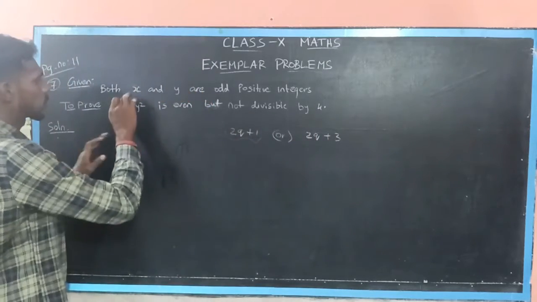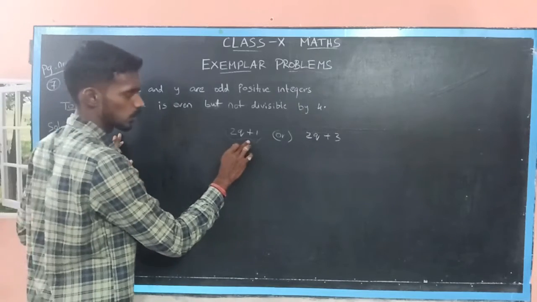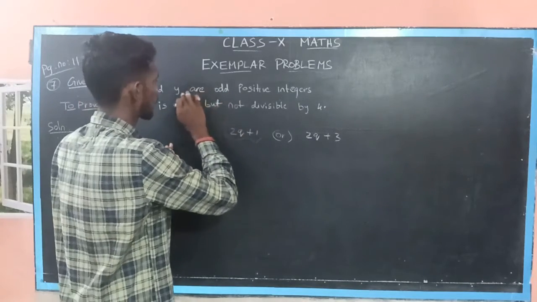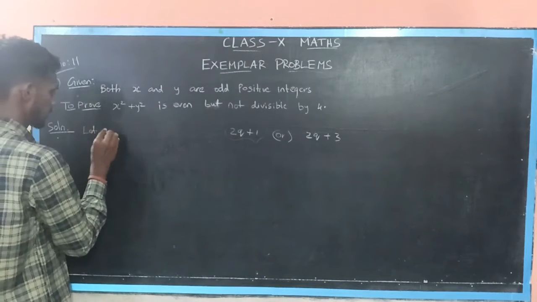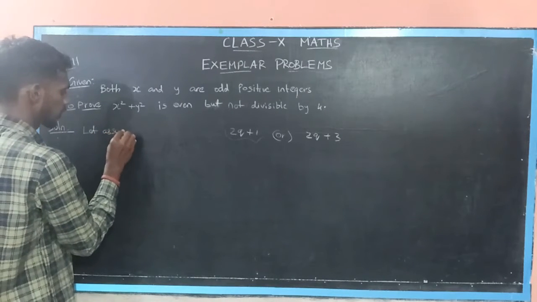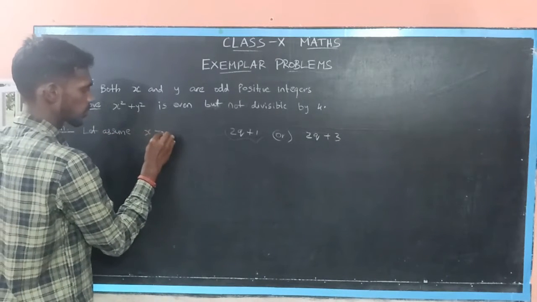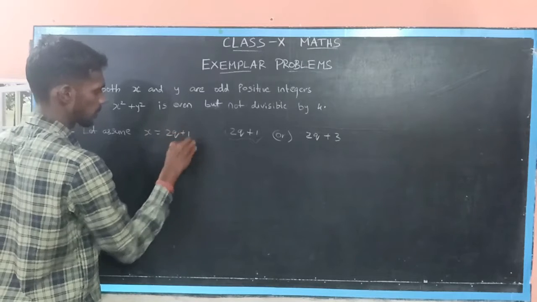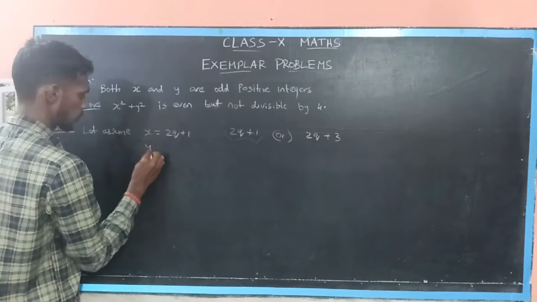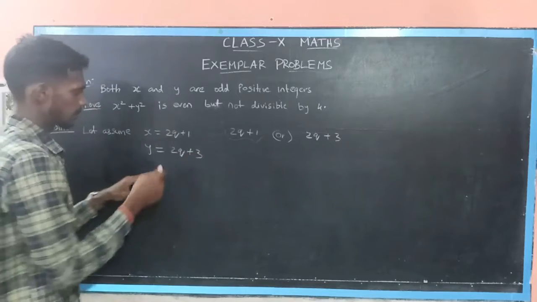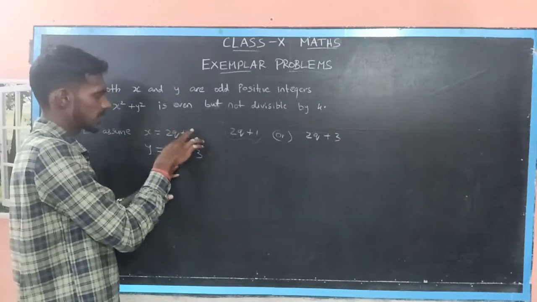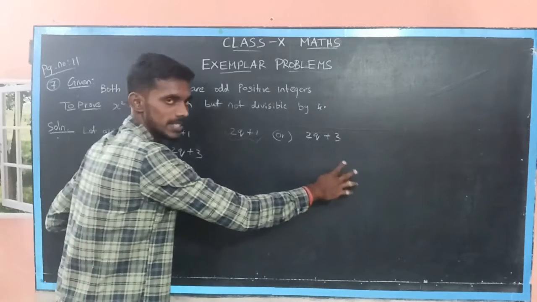So I am assuming the value of x to be 2q plus 1 and the value of y to be 2q plus 3.